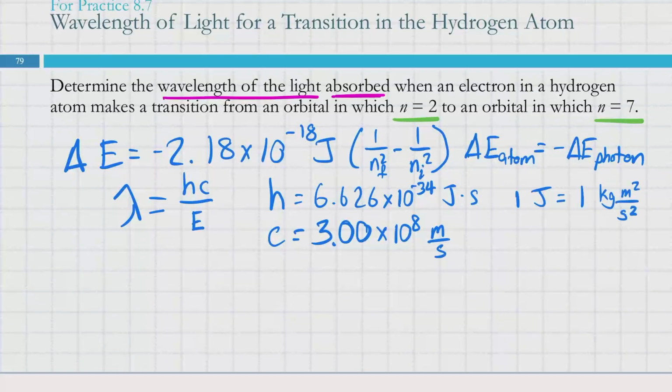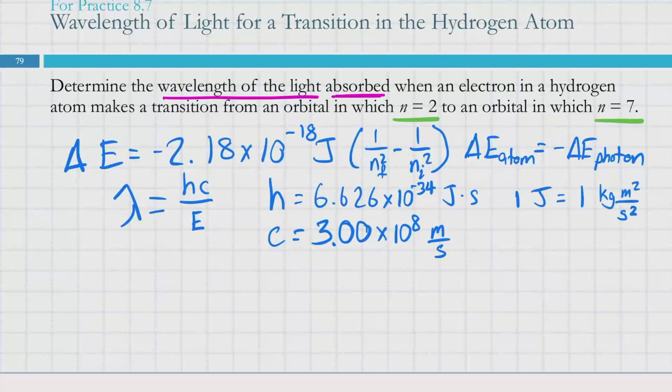So this would all be information that you would gather potentially from your information sheet. All of these things you can expect on your information sheet. It might be a slightly different form. Probably the lambda and the E would be swapped here. So see if you can plug those in and get out the correct answer.